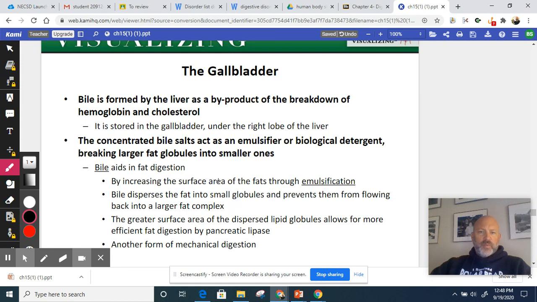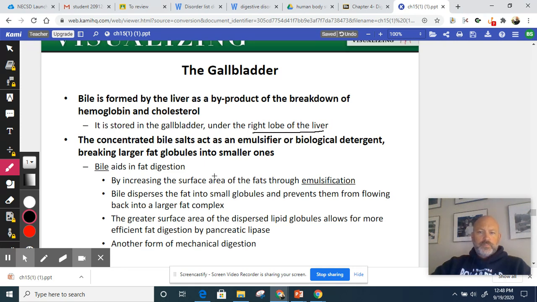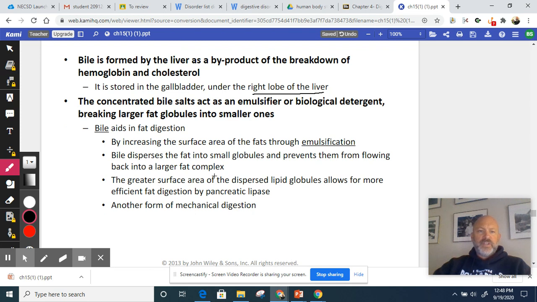The gallbladder is underneath the right lobe of the liver, and what it does is it stores bile. Bile is a product that is formed when we break down hemoglobin and cholesterol. We use it as an emulsifier. An emulsifier is like a detergent.